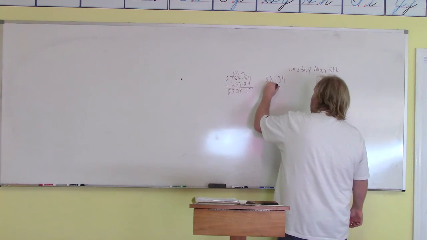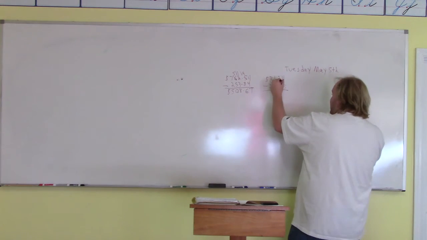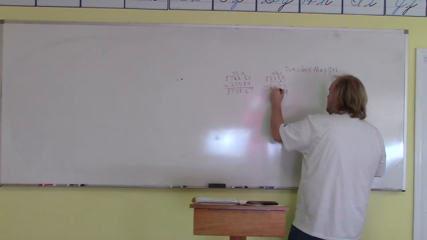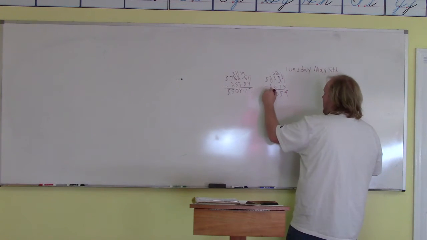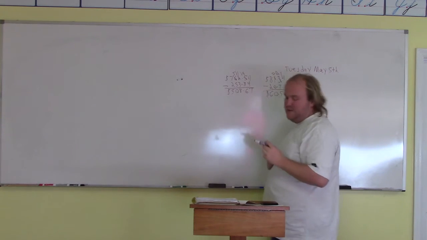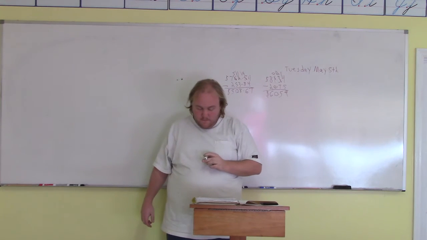Yeah, 75 cents, so tack that on. 81.34 minus 20.75. Borrow from the 3. 14 minus 5 is 9. Borrow from the 1. 12 minus 7 is 5. Decimal. 0 minus 0 is of course 0. 8 minus 2 is 6. So she still has in her account $60.59. Alright, leave D for you to do.